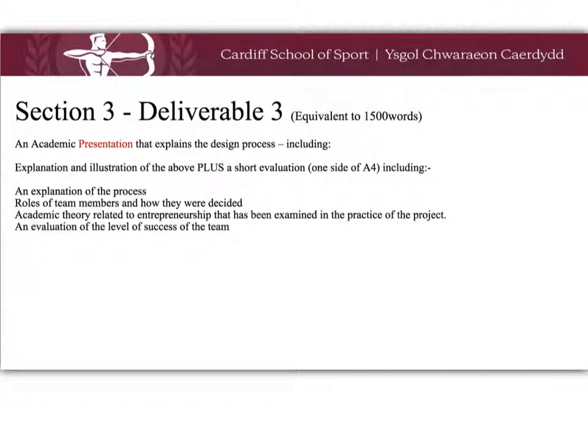This small section will be a one-side summary explaining the process of your team development, the roles of your team members, and an evaluation of the level of success of the team, all of which will require some academic theory related to entrepreneurship.